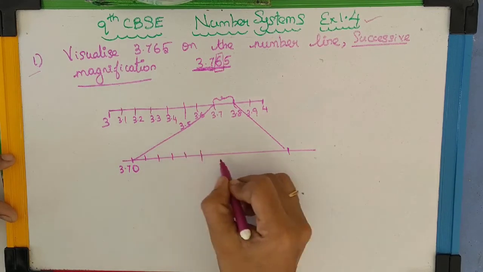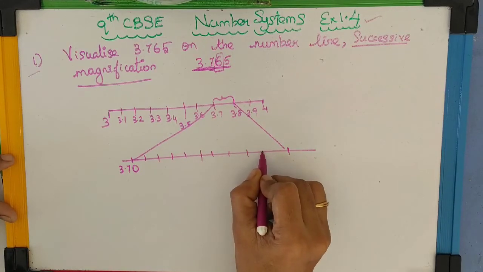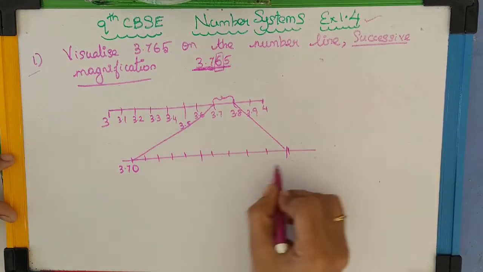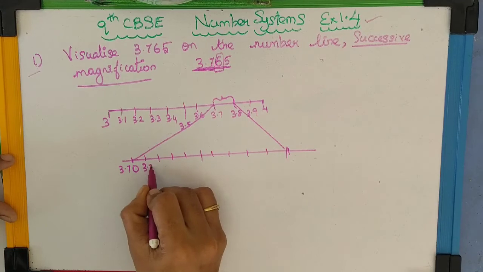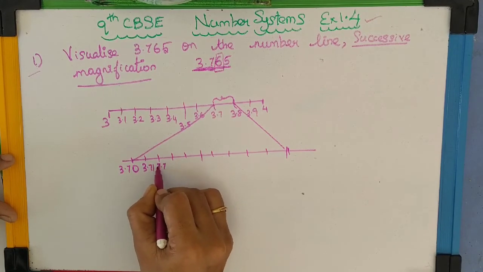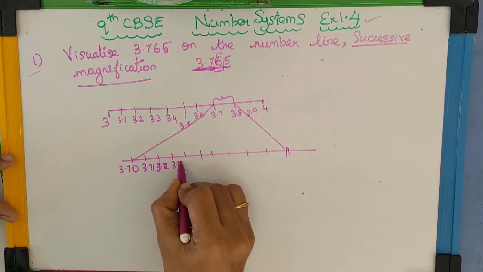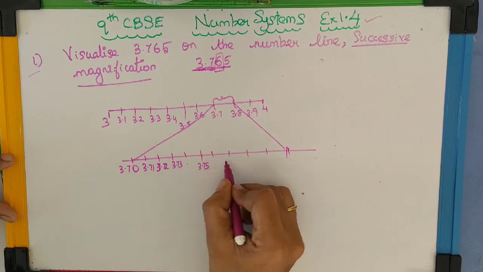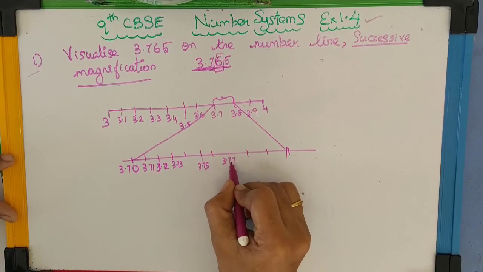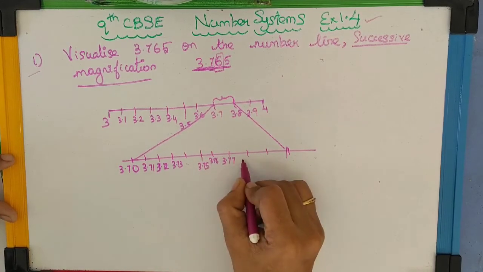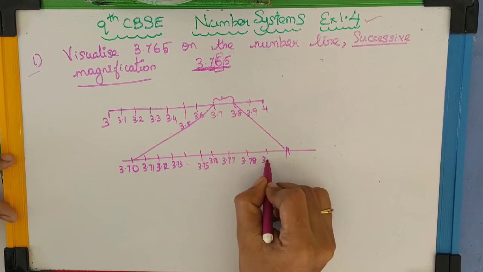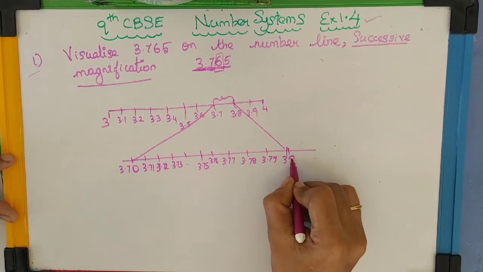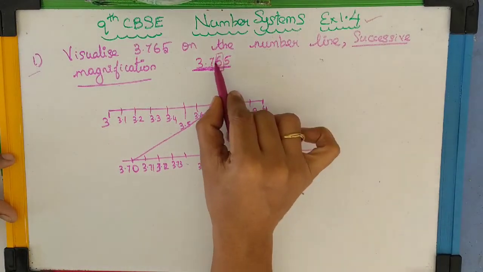It should start from 3.71, because we have identified it between 3.7 and 3.8, right? So 3.71, 3.72, 3.73, 3.74, 3.75, 3.76, 3.77, 3.78, 3.79 and 3.80.